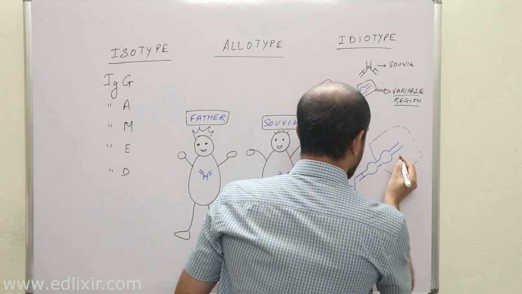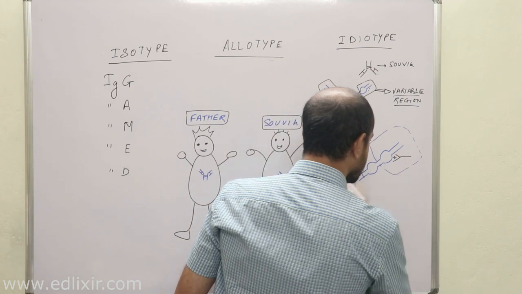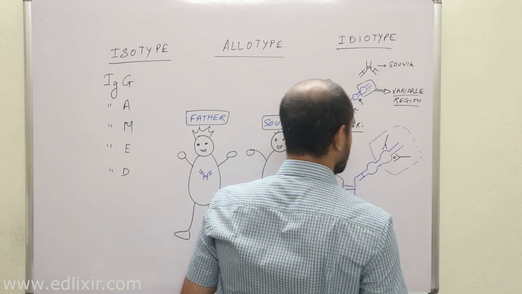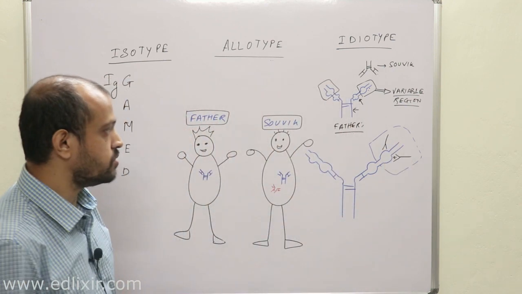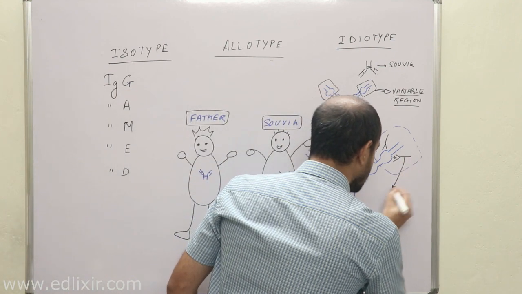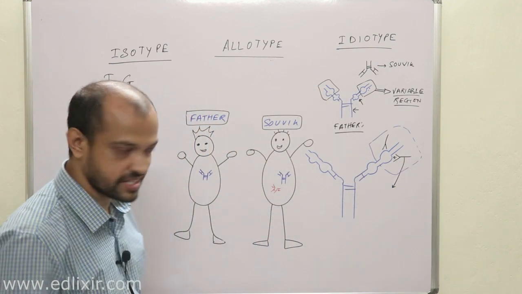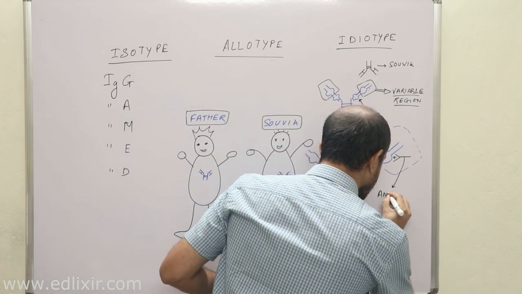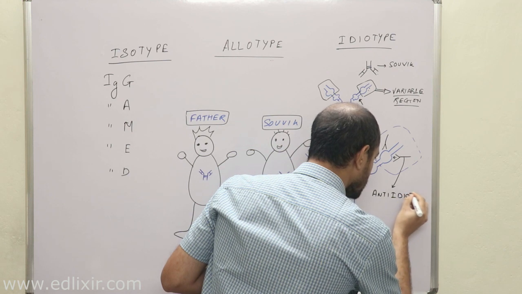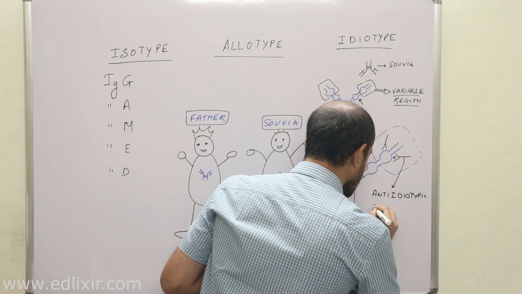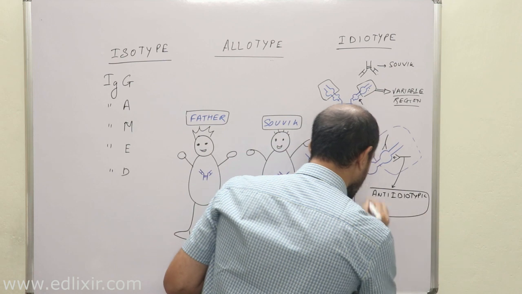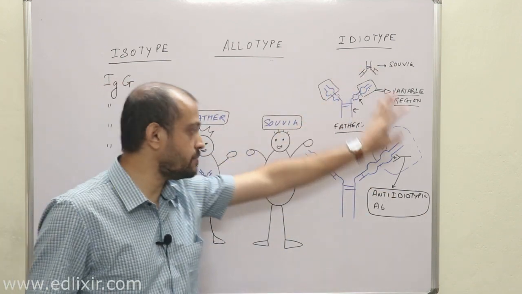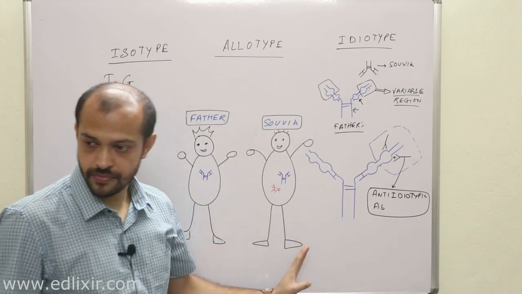Now my antibody may bind to this site, that is the variable region of the light chain or the variable region of the heavy chain. Clear? Now these antibodies which are directed against my father's antibody are called anti-idiotypic antibody. Clear? So what is an allotypic antibody, and what is an idiotypic antibody? Okay, clear?